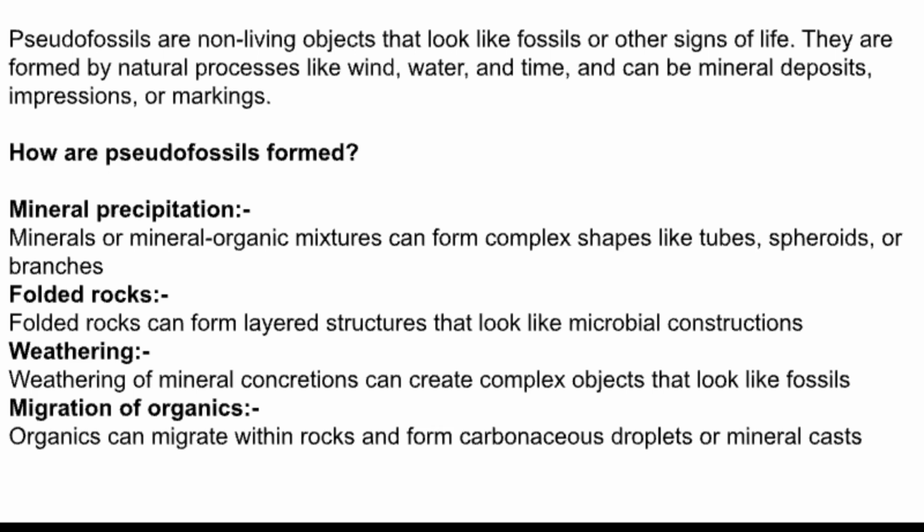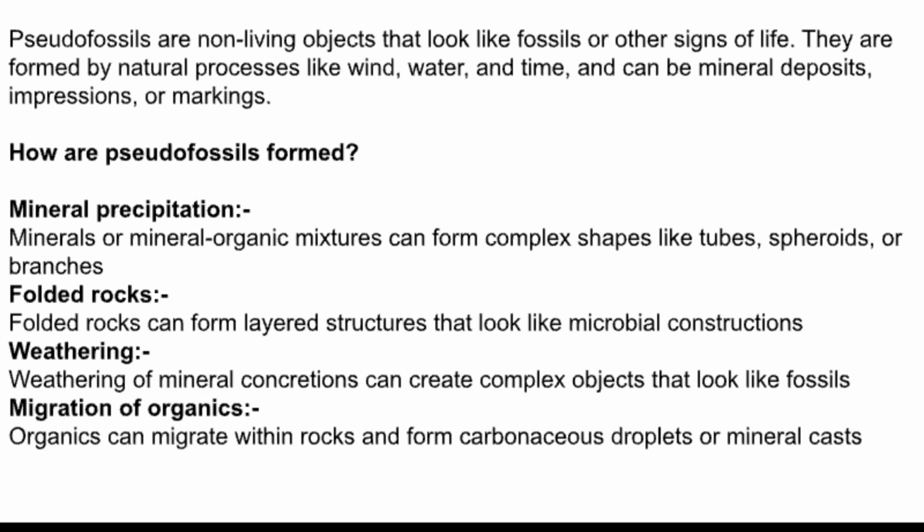The first step in the formation of pseudo fossils is mineral precipitation. All the minerals present in the body of an organism are evaporated, so precipitated. So folded rock can form layered structures that look like microbial construction. Rock forms the structure due to the continuous flow of minerals on this rock.